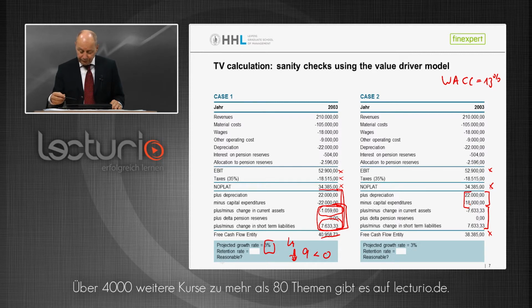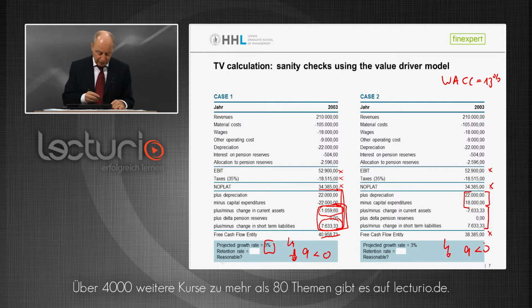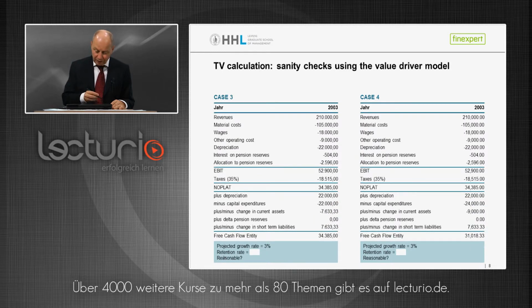And if we would perpetualize this in our calculation, then obviously that would mean that every year we always just reinvest 4 million less than our depreciation, and that would mean that our asset base would decrease down to 0 and would vanish after some years. So this is also not reasonable here. Yeah? So a Q smaller than 0 is not reasonable in any of these cases in an infinite time frame.